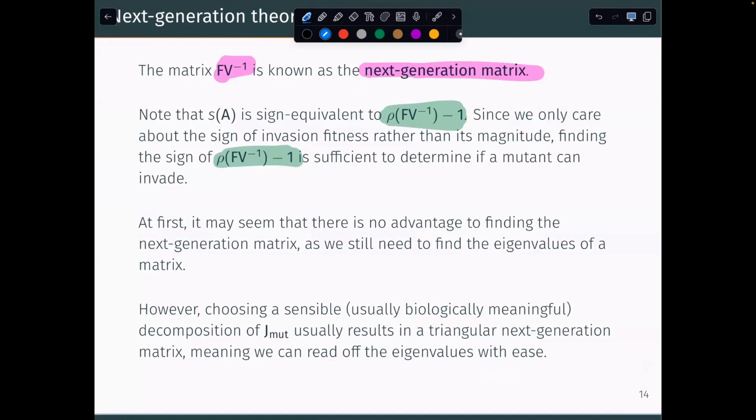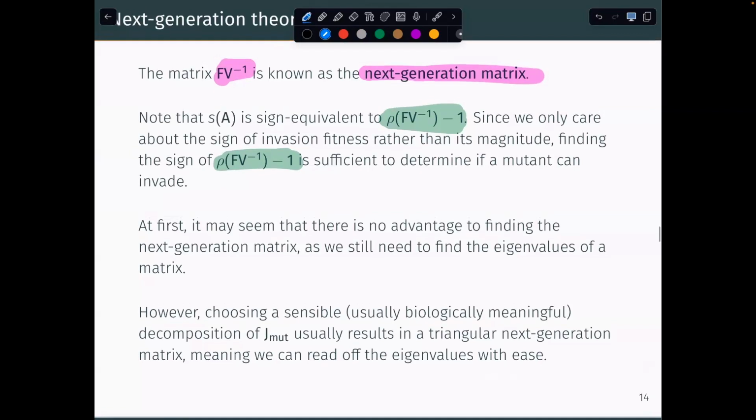Typically, when you do this translation, you might be able to read off the eigenvalues straight away from your next generation matrix. So it grows in power the more classes you have, and it also tells you something biologically realistic, which I'll come back to later, about each of the terms within that matrix.